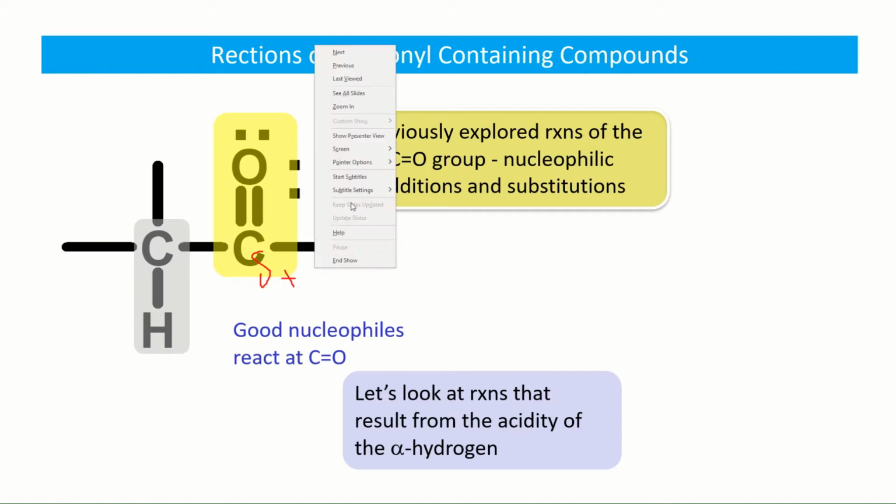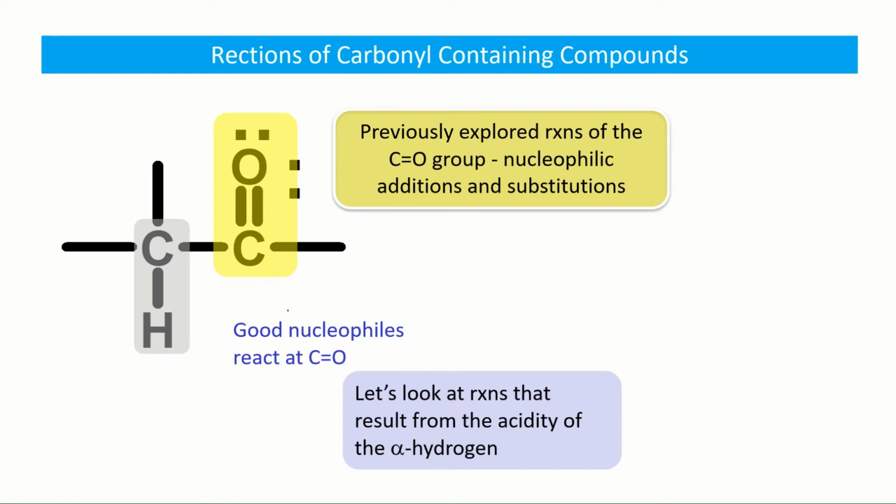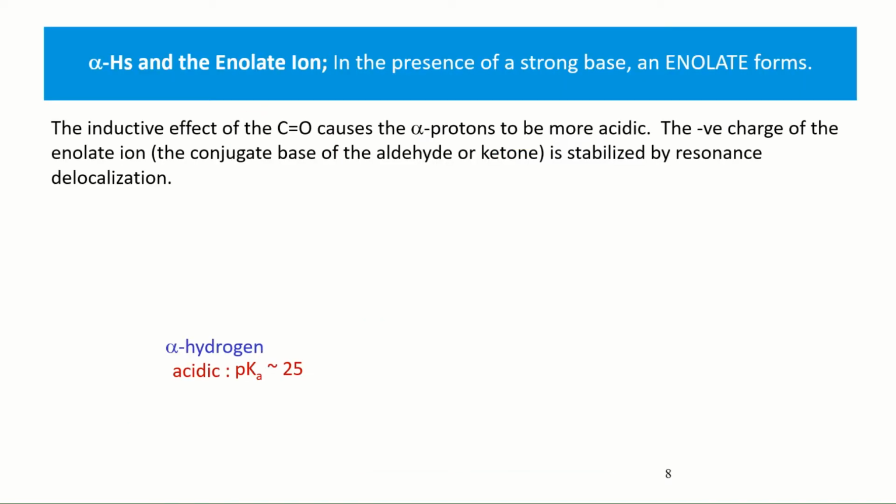But now we will look at exactly what's going on at the alpha proton, because strong bases can remove that alpha proton under basic conditions. If we have weak bases, we can remove that proton under acidic conditions. Why? Because there's an inductive effect, and herein the main reason why.